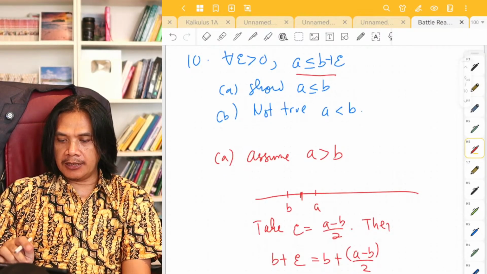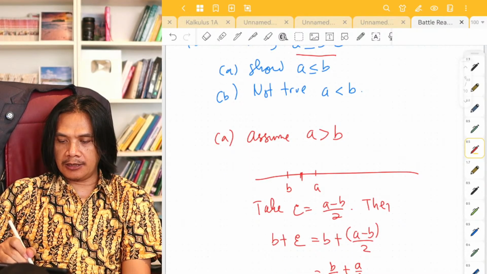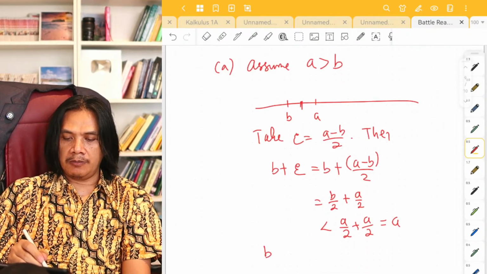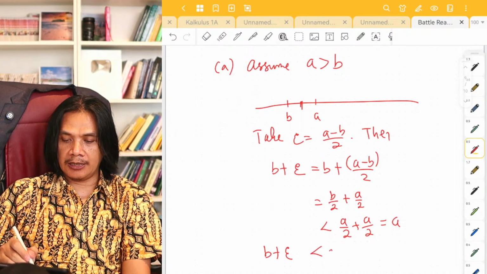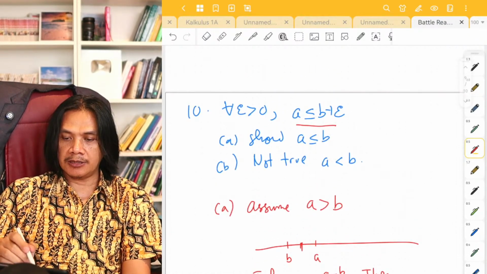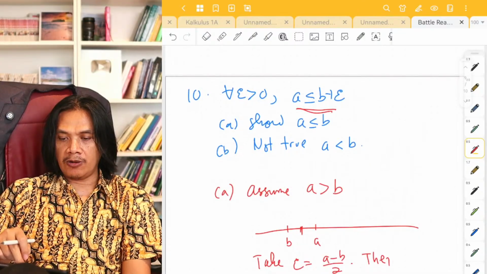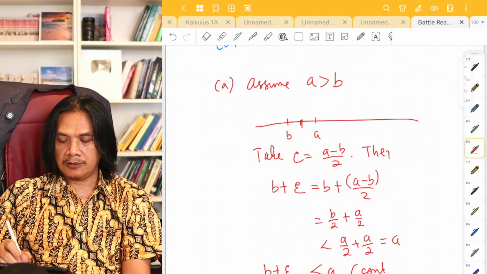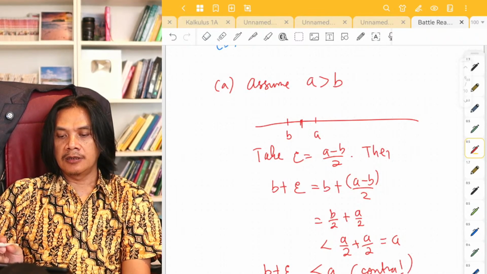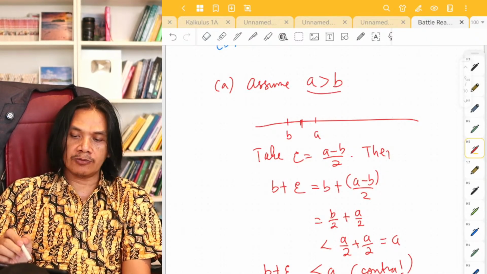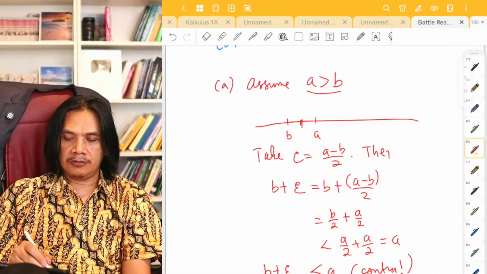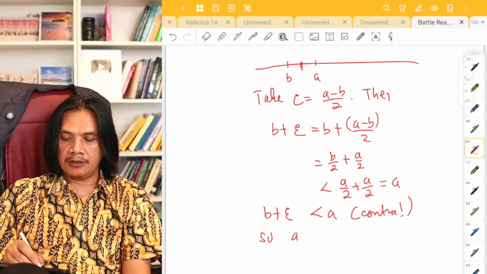But because B is less than A, this is less than A over 2 plus A over 2, which is A. So B plus epsilon is less than A. But the assumption is that A is always less than or equal, so contradiction here. It means we cannot swap A and B, so A should be less than or equal to B.